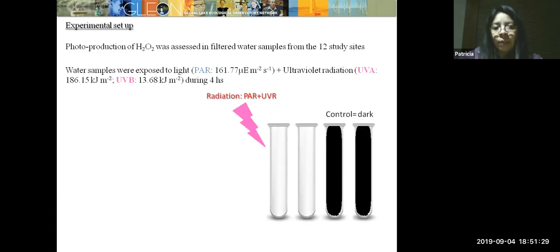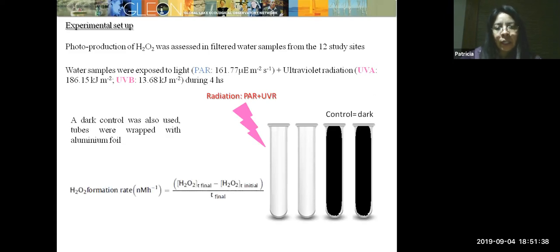We just put the samples to irradiate. We also had a control in darkness that was wrapped with aluminum foil, and with this we determined a hydrogen peroxide formation rate. We took the initial concentration, the final concentration, and the time, which was 4 hours, and so we have a rate of formation.